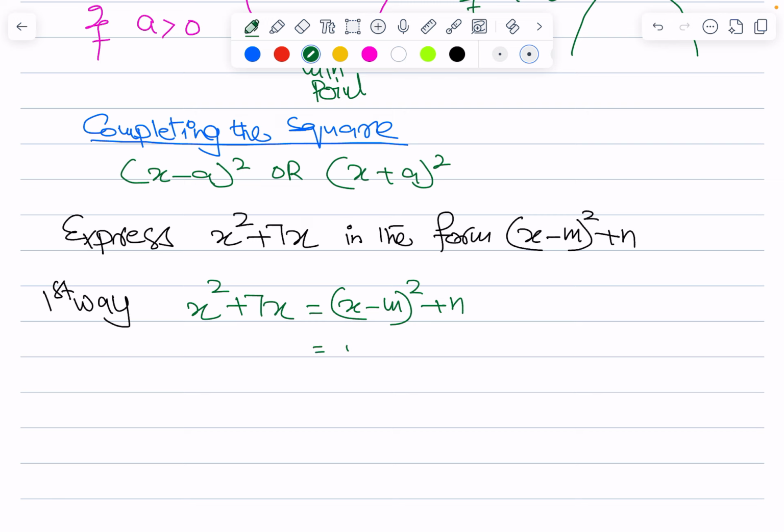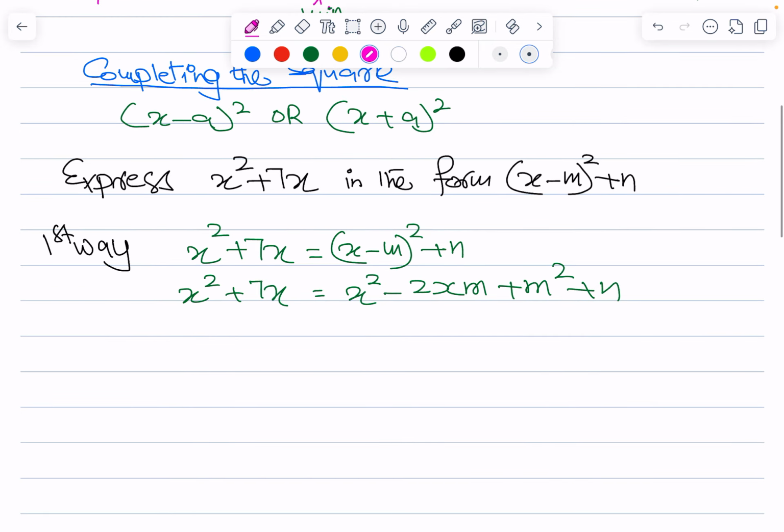Now expand: x square minus 2xm plus m square plus n equal to x square plus 7x. When you compare, the coefficient of x is 7 and here the coefficient of x is minus 2m, so m is minus 7 over 2.